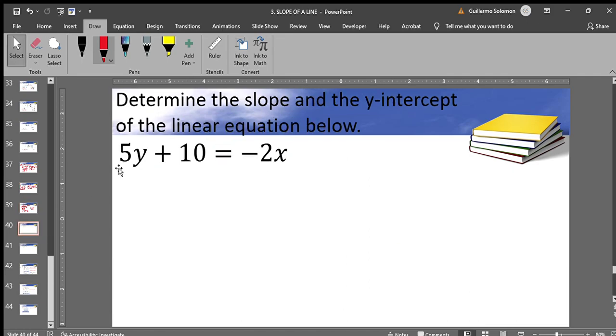Now, let's have another example. So we have 5y plus 10 is equal to negative 2x. This time is a different equation naman. Since we are following the slope-intercept form y is equal to mx plus b, our term with x, okay, variable, nasa right-hand side na siya.